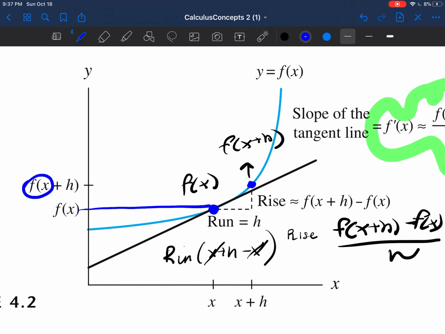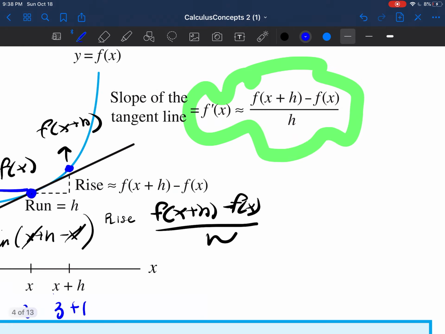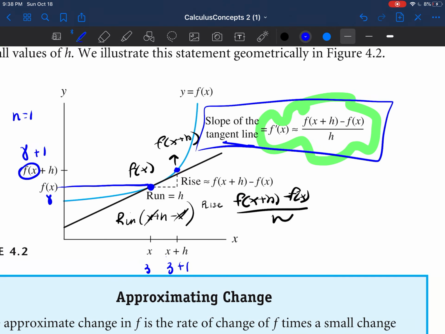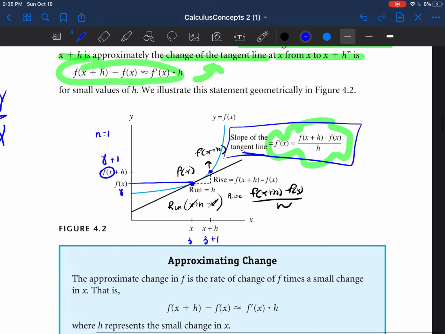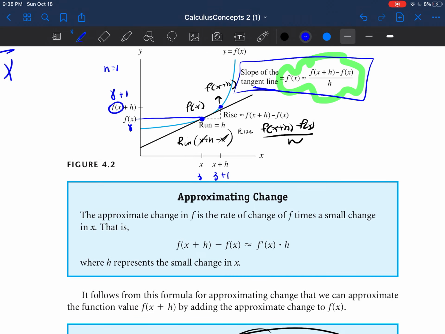So just say pretend this is 8, okay? All this is saying is 8 plus 1. Let's pretend h is 1. And this is x. And let's say x is just 3. So this is just going to be 3 plus 1. So how do you calculate the rate of change? Oh my god, it's the slope of the tangent line. You can take a deeper look, but all it is saying is that the rate of change is the tangent line in fancier terms. Okay. So this is just broken up.